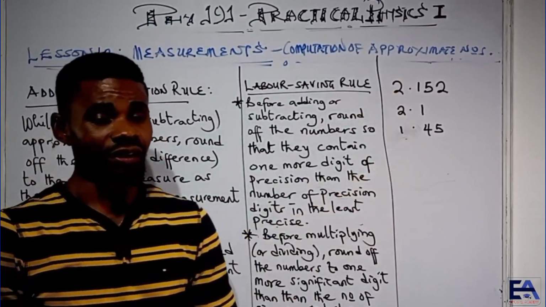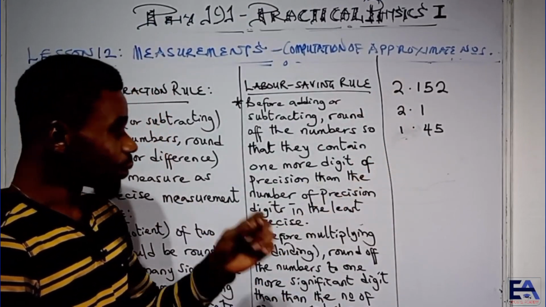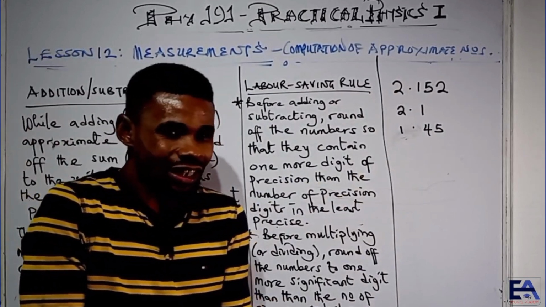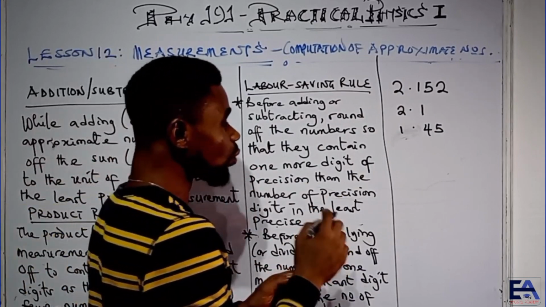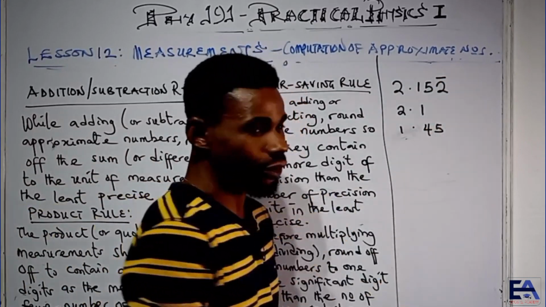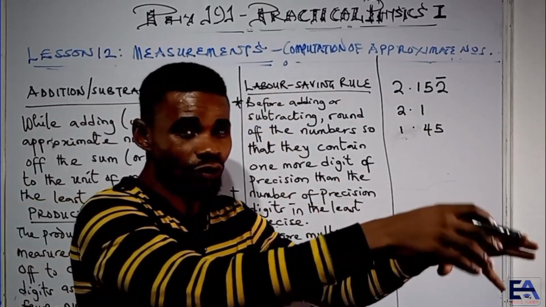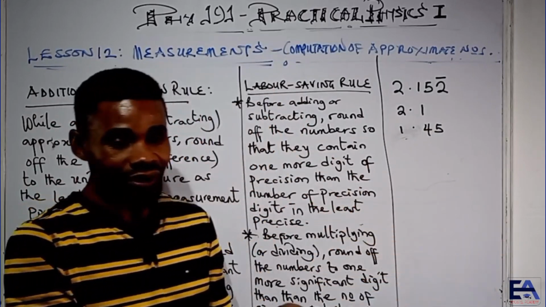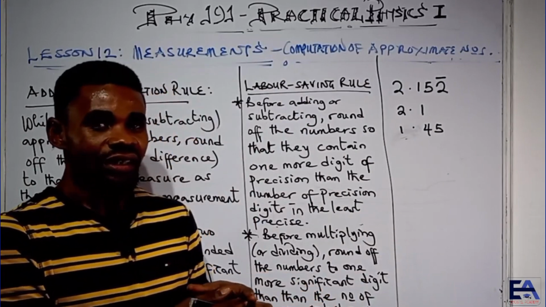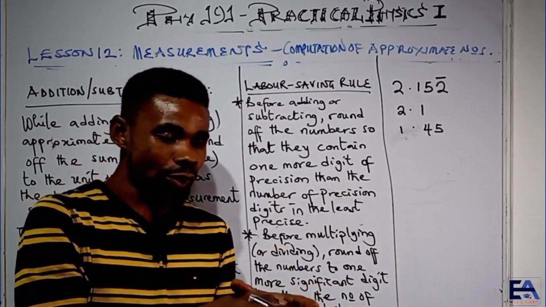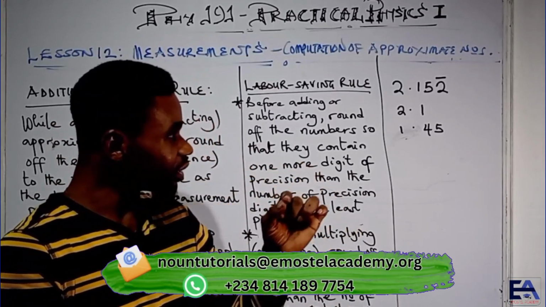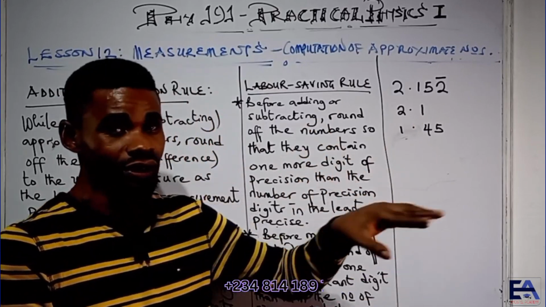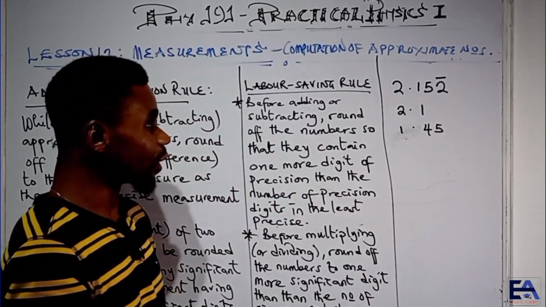Considering these three numbers here, we believe that if any approximation has been done, it must have affected only one digit, which is what? The last digit. So any rounding off or any rough estimate that you do, and then you conclude at a particular point and write it out, the thing affected is always the last digit when you approximate.